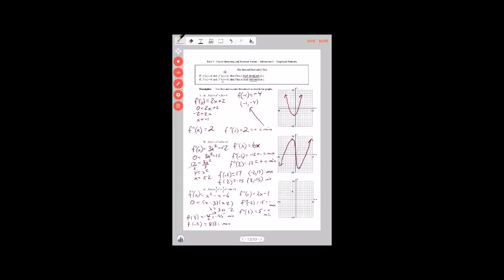Okay, and then our next point, that's 3 and negative 12.5. So positive 3, 1, 2, 3, and then 2, 4, 6, 8, 10, 12. And then 12.5 would be a little tiny bit past that.